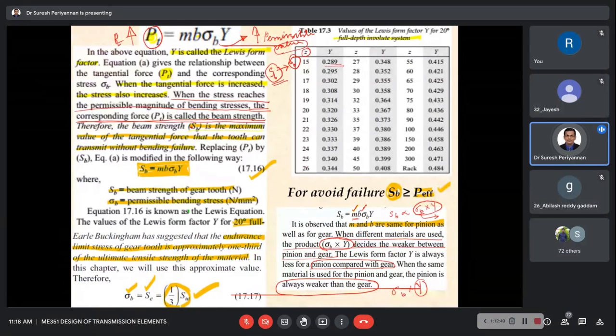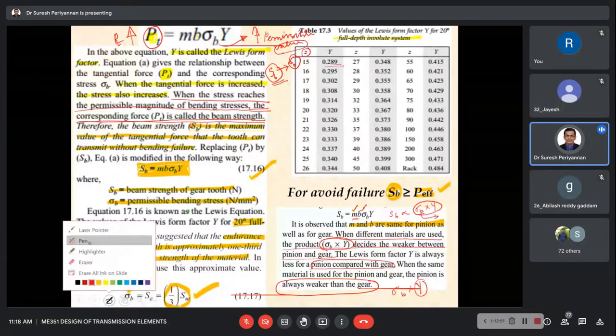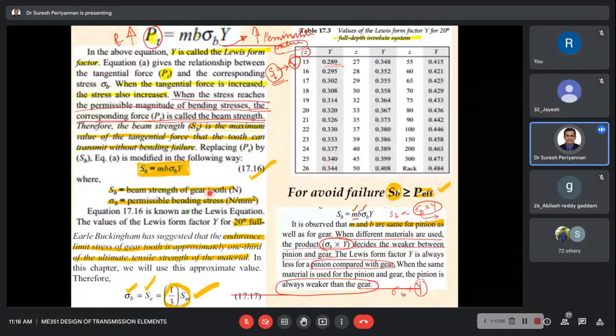Suppose I am considering 26, the Lewis factor is 0.344. Now see here, this Lewis factor is always less for the pinion as compared to the gear, with the same material.